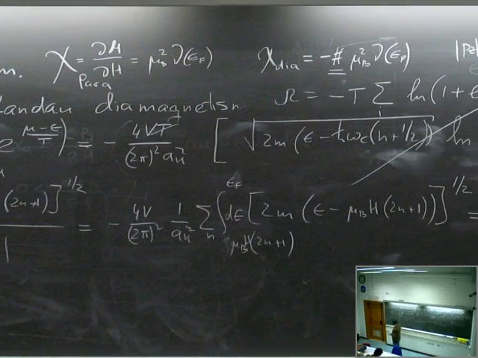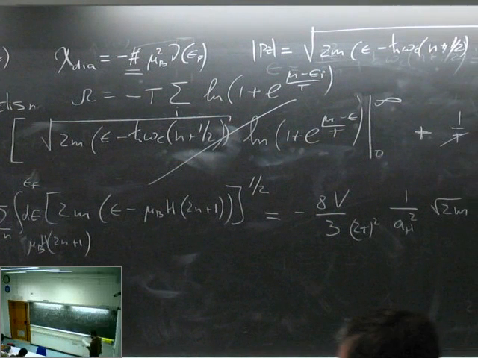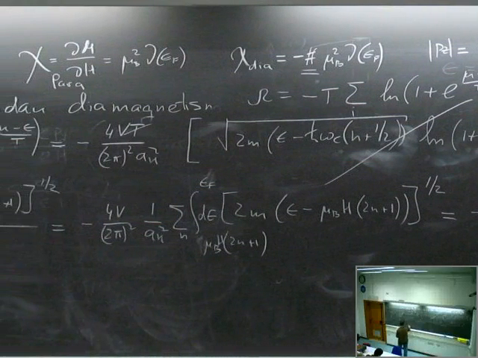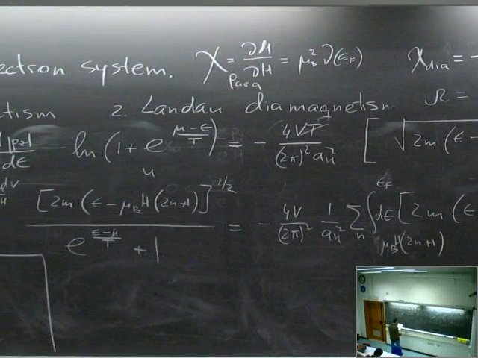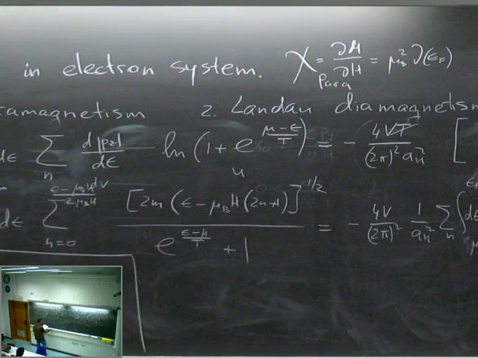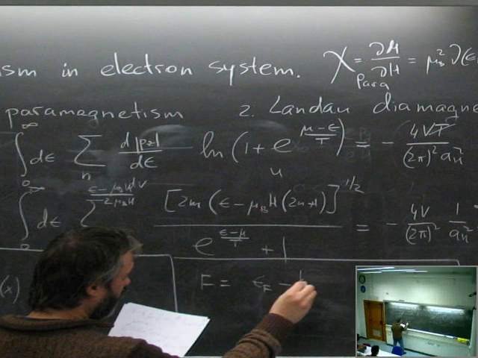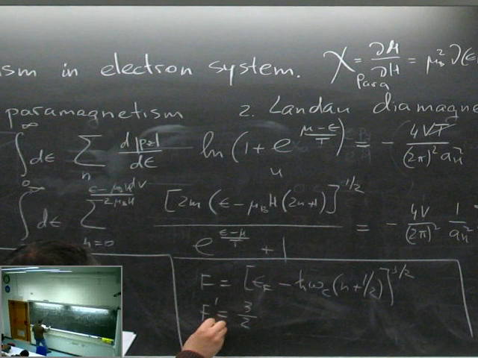I will use this formula where function f is clearly given by this one. So f in my case is equal to Fermi energy minus h omega c (n plus 1/2) to the power 3/2, and f prime is equal to 3/2 with respect to x.